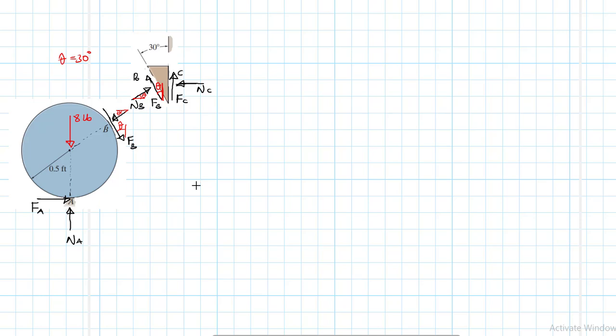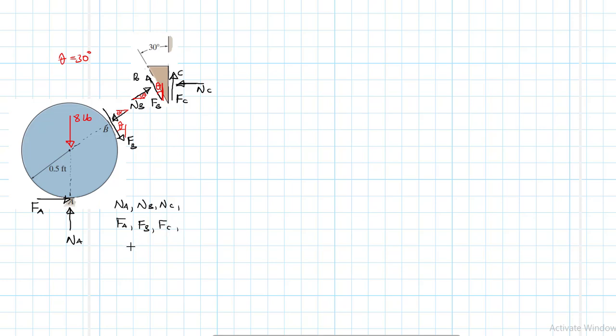Having drawn our free body diagram, before we do the calculations, let's count the number of unknowns. We have Na, Nb, Nc, then Fa, Fb, and Fc.